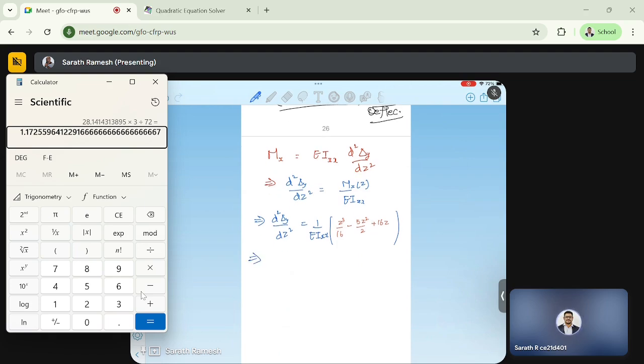This implies, what we do? Yeah, we'll integrate. So d delta y by dz equal to 1 by EI xx times Z power 4 by 64 minus 5 Z cube by 6 plus 16 Z square by 2 plus C1.